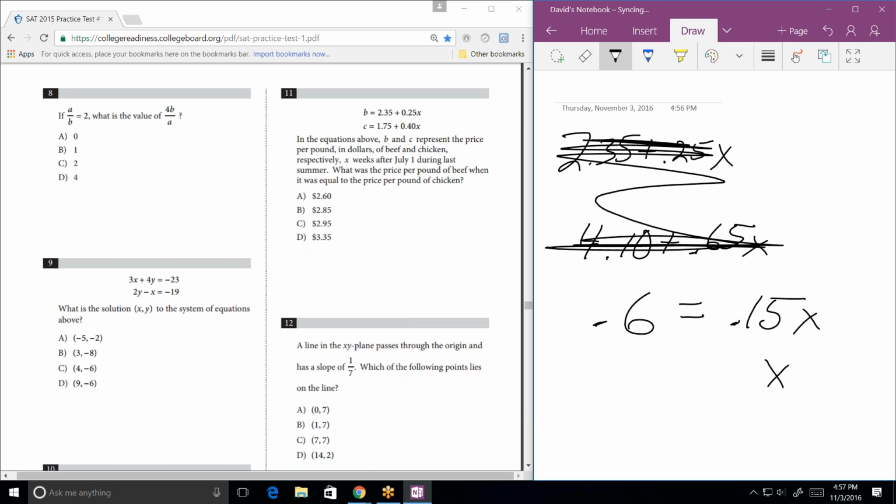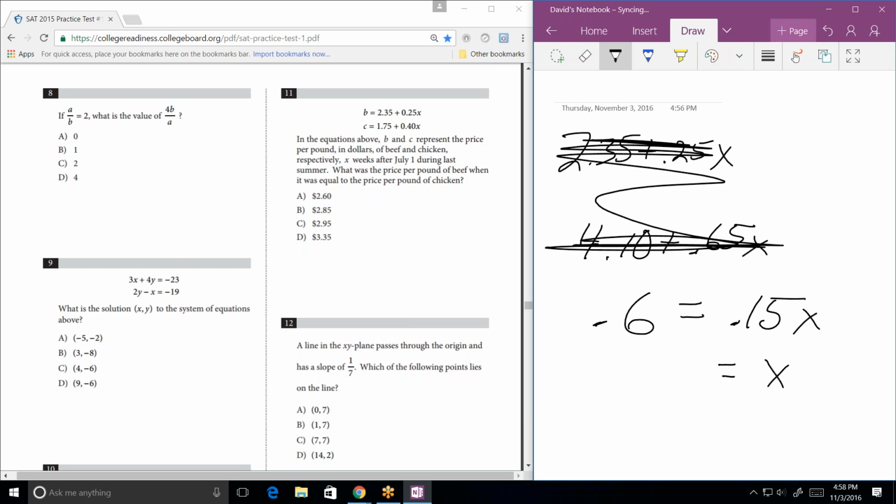So x equals whatever 6 divided by 0.15 is. Is it 6 divided by 0.15 or is it 6 multiplied by 0.75 or something? Hold on, what's 0.6 divided by 0.15? That's 4. That answer is not on there.